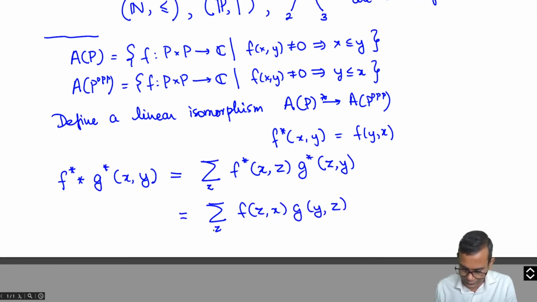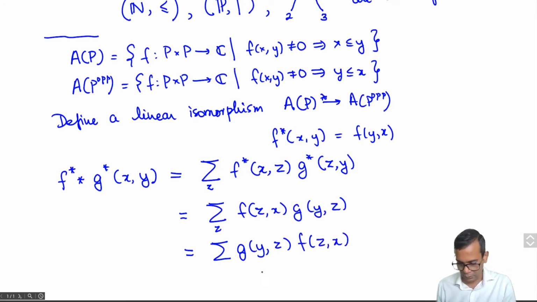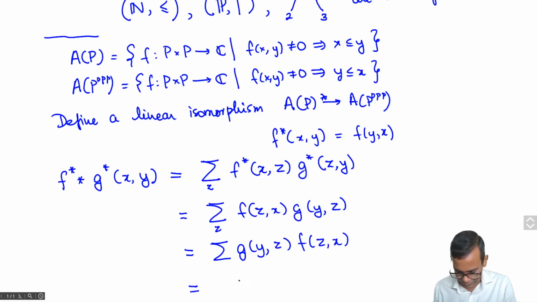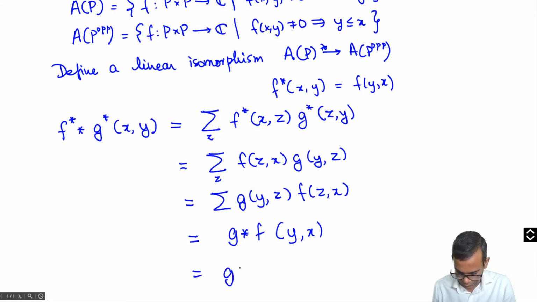And so this is the same as the summation of g of y comma z times f of z comma x, just using the commutation in C. Okay, but that's nothing but g times f of y comma x, which is (g times f) star of x comma y.